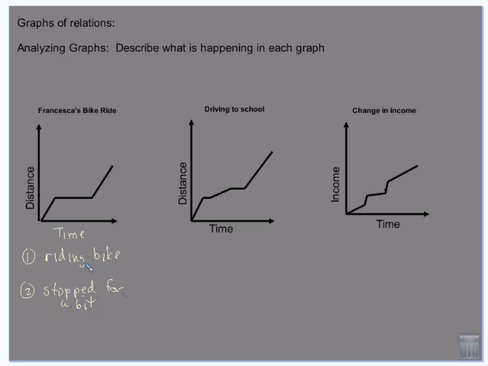She's not riding her bike anymore because her distance isn't increasing. So time is still passing, but she's no longer increasing in distance. So maybe she stopped to get a drink of water, maybe she stopped to talk to somebody, but we just know she stopped. Right. And then in the third part, she's riding again. Now, we can't tell how fast she's riding. We don't know any details about where she's going. We can only analyze whether or not she's moving.